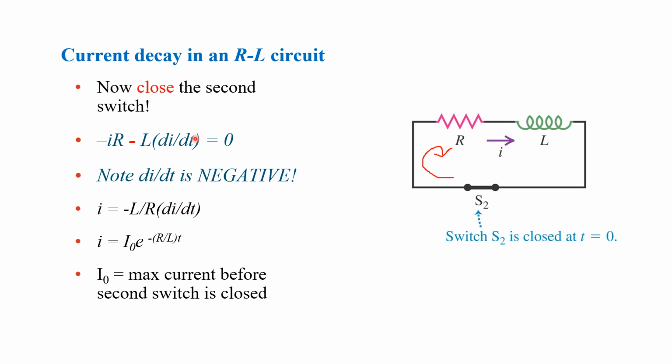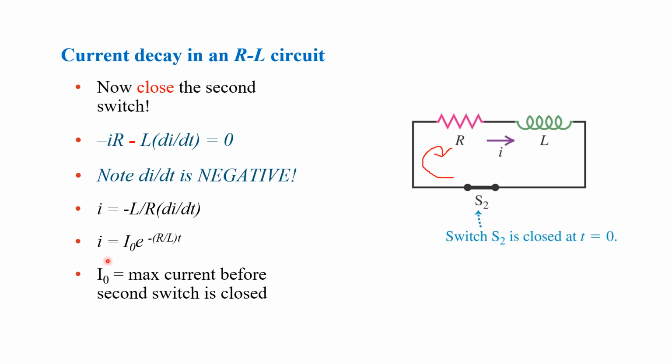Now, solving for I from this equation, you have I equal to negative L over R di over dt. Let us separate your di from your dt and then integrate, just like the process that we did earlier.